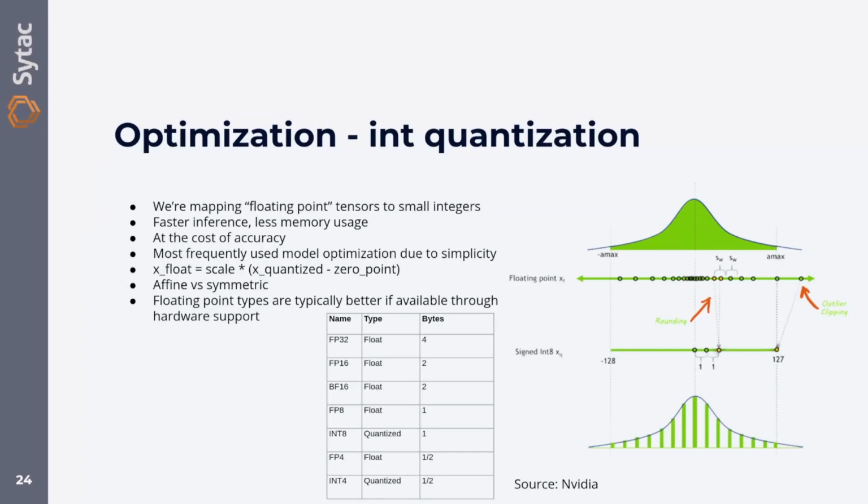For int quantization, basically what you do is you tune on a data set, you see what kind of values the float can take, and you map that range of your floating point to an integer.